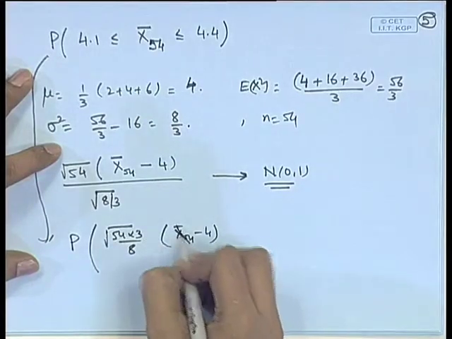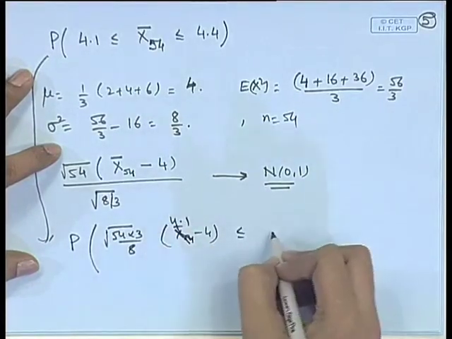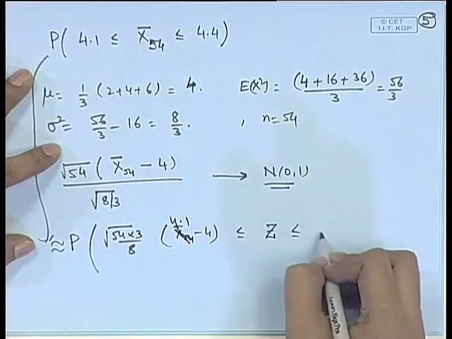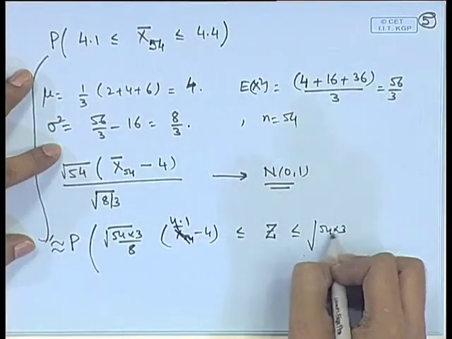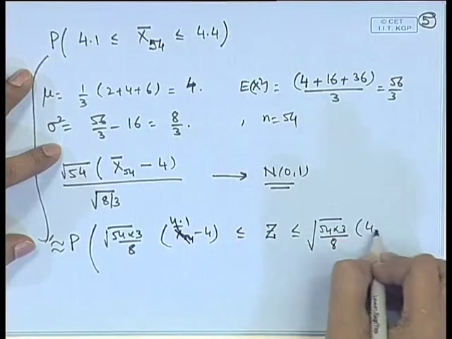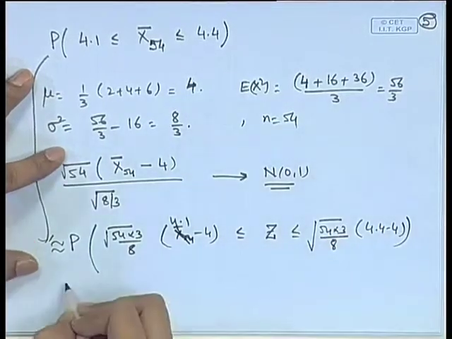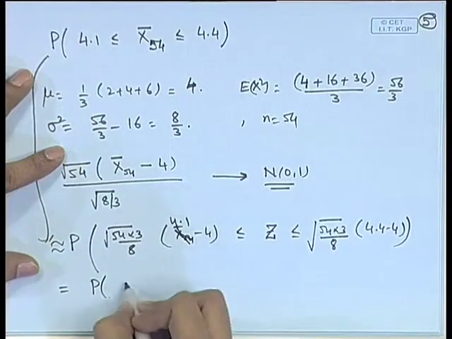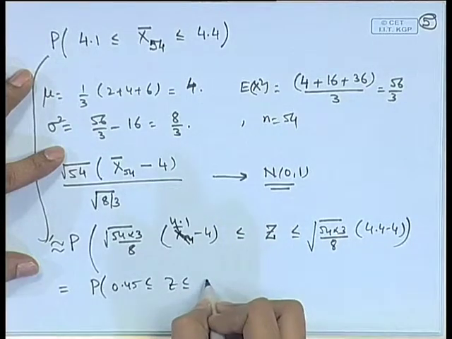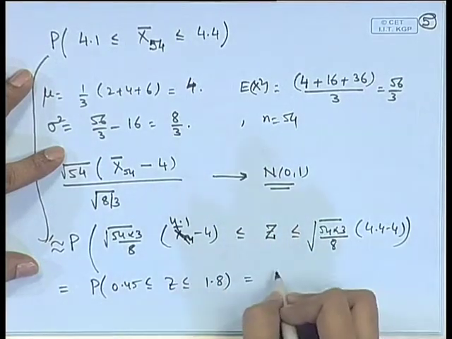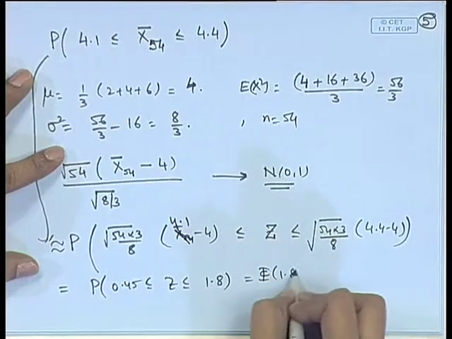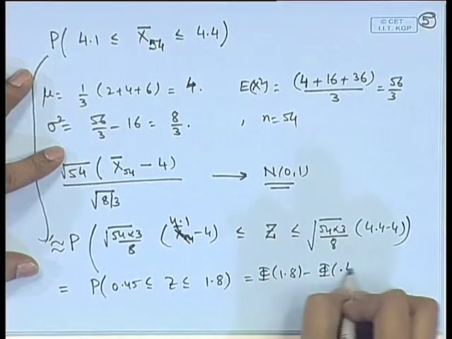So, this is 4.1 minus 4 less than or equal to Z, approximately root of 54 into 3/8 into (4.4 minus 4). So, if we simplify these terms, it is the probability of Z lying between 0.45 to 1.8, which is approximately phi of 1.8 minus phi of 0.45.